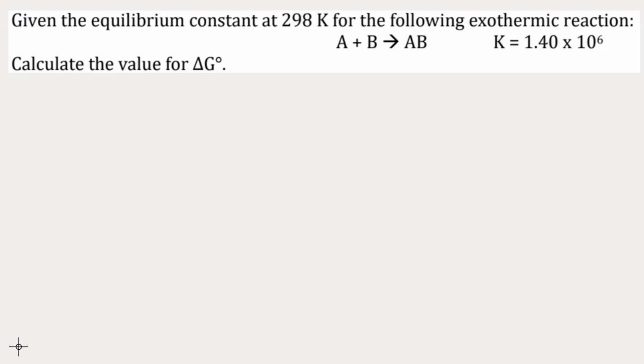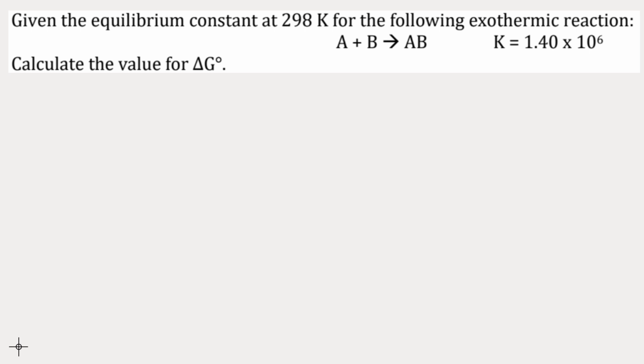Given the equilibrium constant at 298 Kelvin for the following reaction, determine the value of standard delta G. So we have a K value, we have a temperature. Can't really do too much. Actually, we can do a lot.